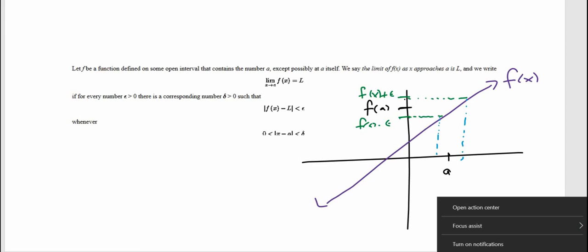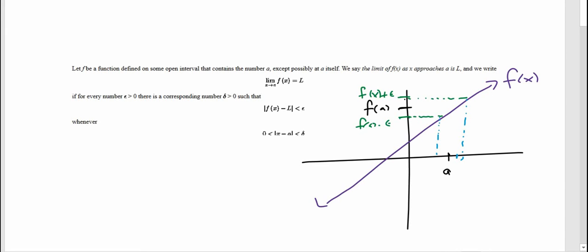so that whatever x you have in here, because our little x is somewhere in that interval, okay? Remember the y coordinate somewhere in here, that this is going to be within delta, that interval.